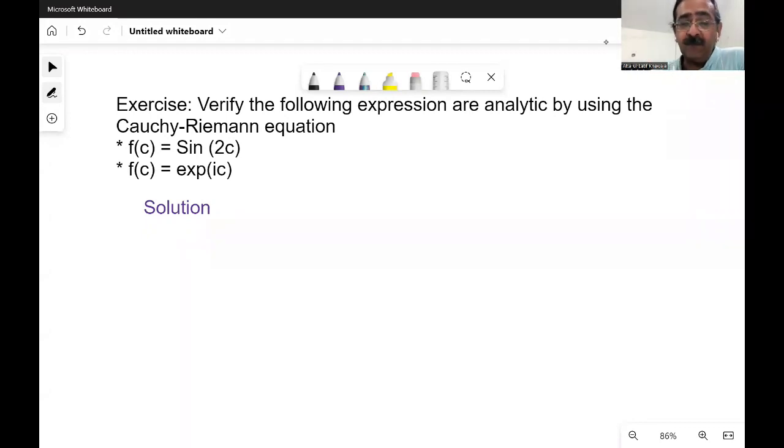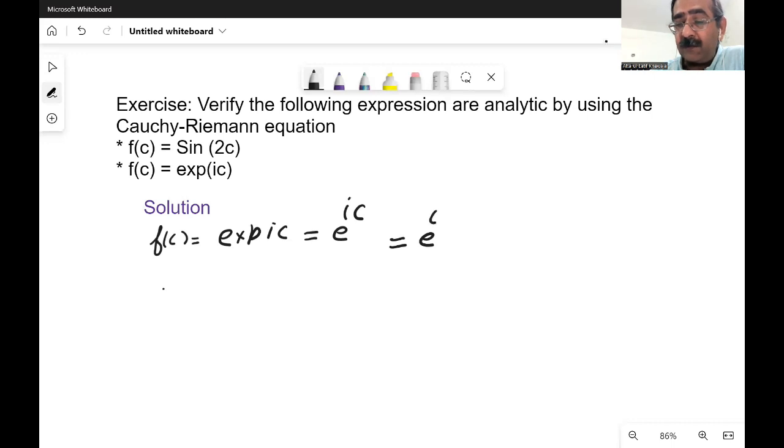Now we will try to solve the second expression the same way as I solved the first exercise. Let's start. If we consider that f(z) is exponential of iz, meaning e to the power iz, where again z is alpha plus i beta.